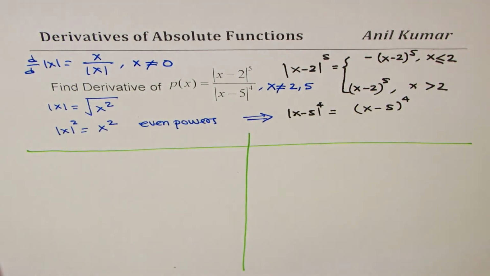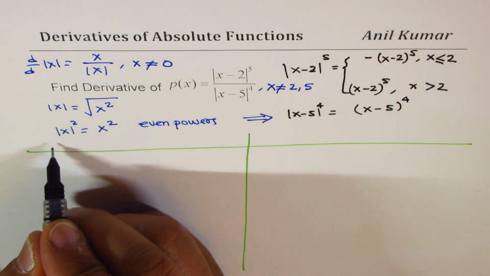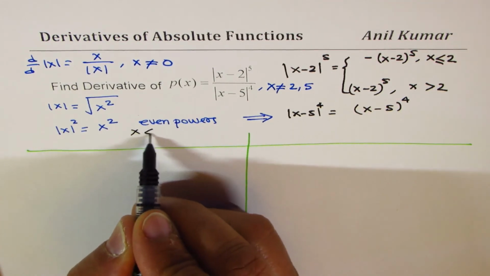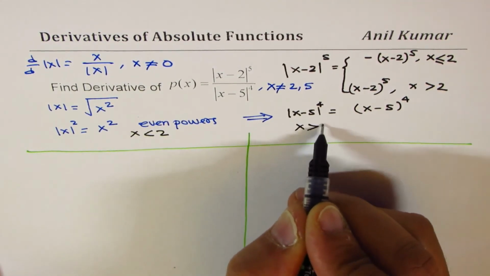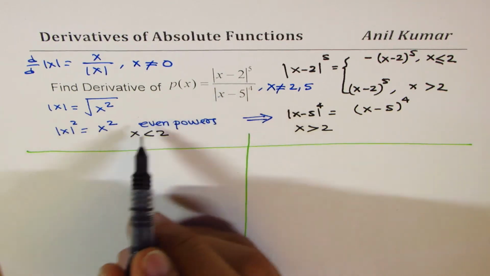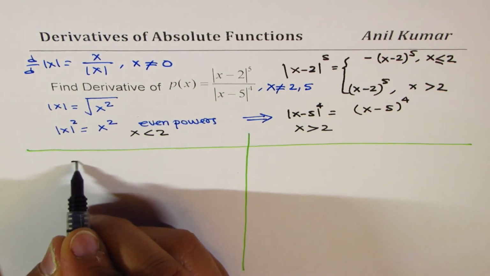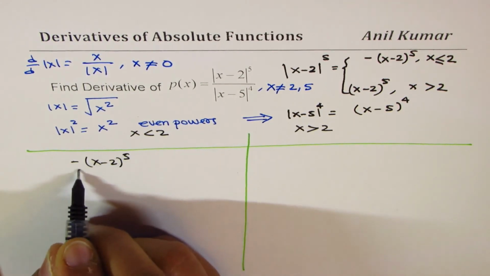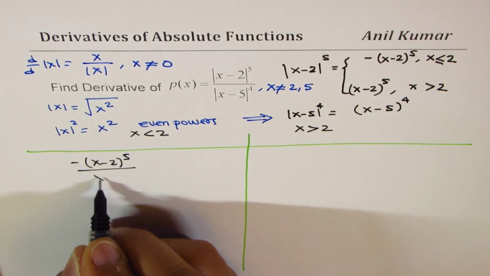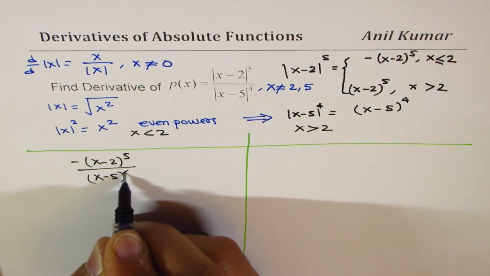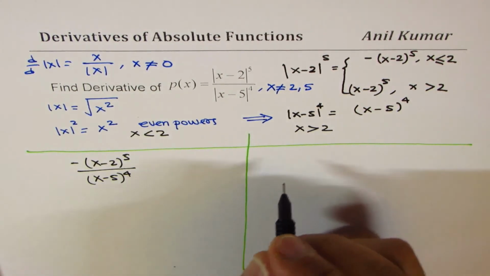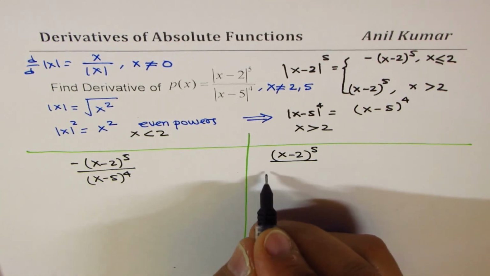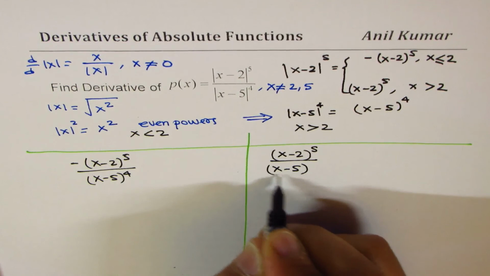We have the first function for x less than 2, and the other one when x is greater than 2. The function when x is less than 2 could be defined as minus (x minus 2) to the power of 5 over (x minus 5) to the power of 4. Is it okay? And the other one will be (x minus 2) to the power of 5 over (x minus 5) to the power of 4.